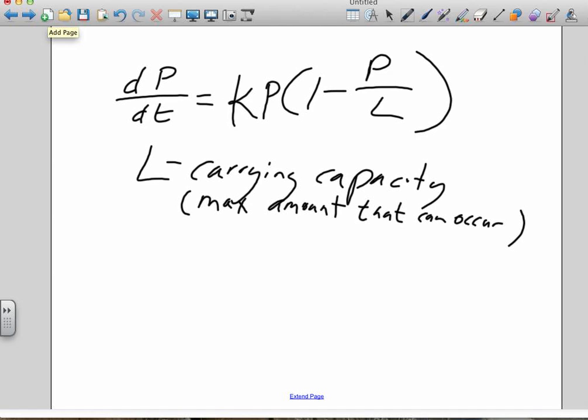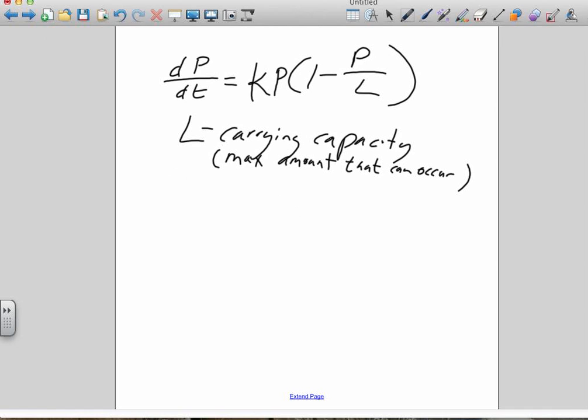Okay? Okay, and so what we do with this thing then, naturally we need to solve it. And we're going to do this with a separation of variables. So we're going to end up with dP over P times (1 minus P over L) equals k dt.